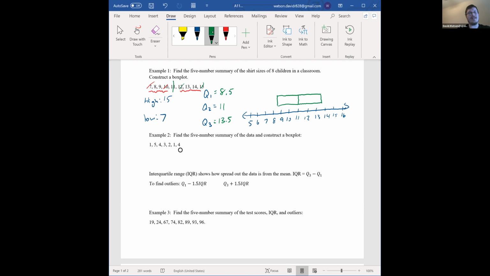Now we still need to get those high and low numbers in there, right? So the lowest number is over here at 7. So we're just gonna put a point. We're just gonna connect it to the box with a line. Same thing with the 15. Our highest is 15.